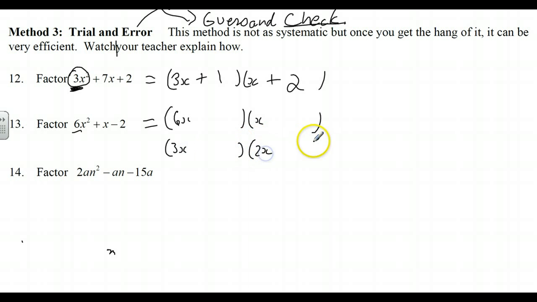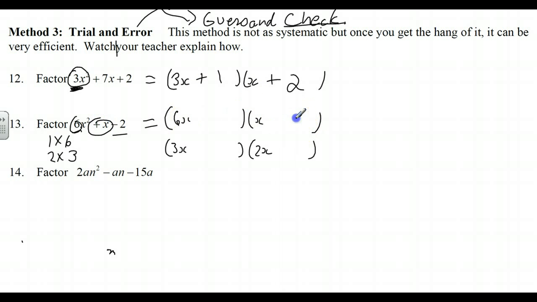Now, the last number we know is going to give us negative 2. It means I need one positive, one negative. They have to multiply to 2. And then the product, the outer inner, has to differ by 1. So if I put a 2 here and a 1 here, I'm going to get a 12 and a 1. And 12 and 1 will add to 13, or they'll differ by 11.